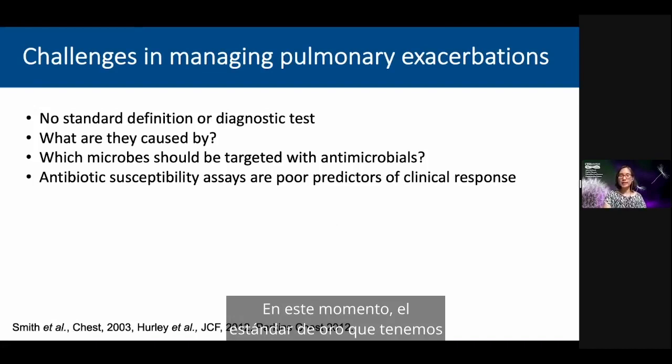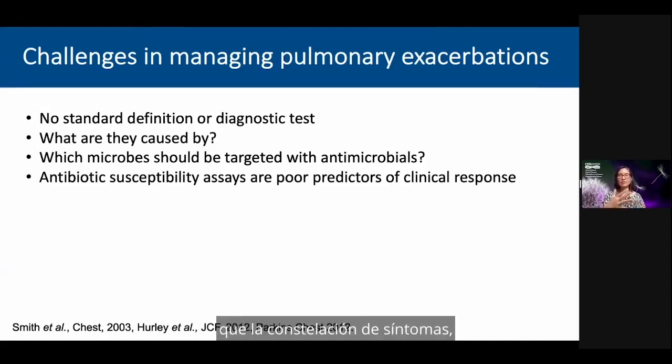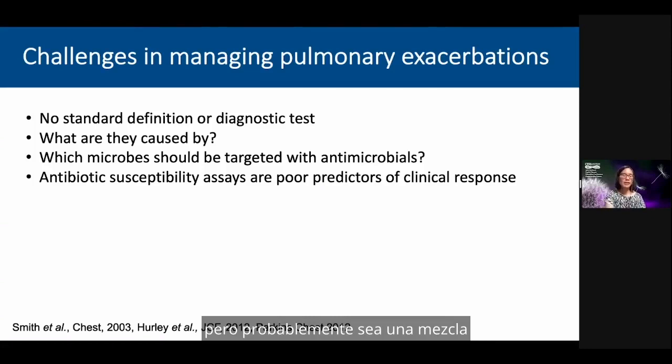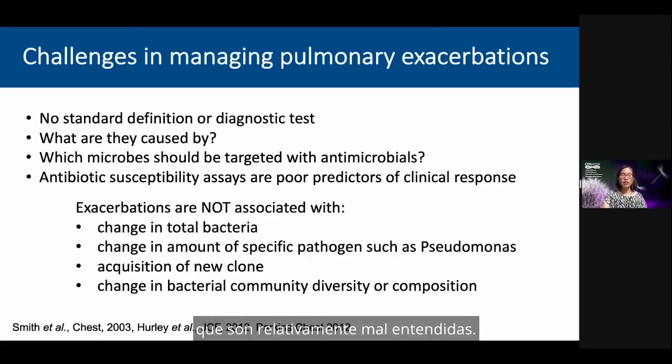Right now, the gold standard that we have are the symptoms that patients report, and then the subjective decision of the physician that the constellation of symptoms as well as their lung function test is consistent with a pulmonary exacerbation. But it is probably a mixed bag of multiple different types of syndromes that are caused by things that are relatively poorly understood.